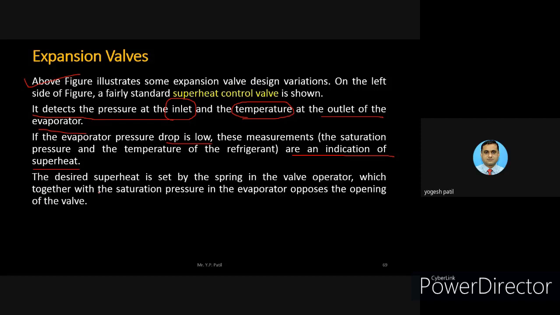Superheat means the refrigerant is provided. The desired superheat is set by the spring in the valve operator. So what amount of superheat is required is set by the spring in the valve.